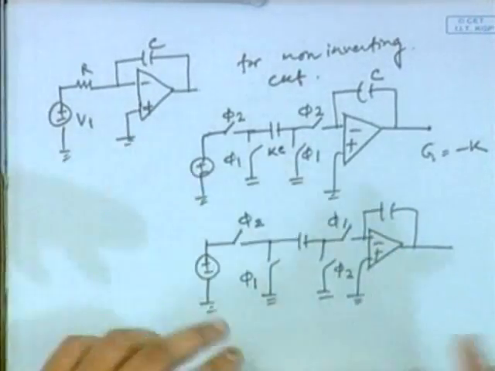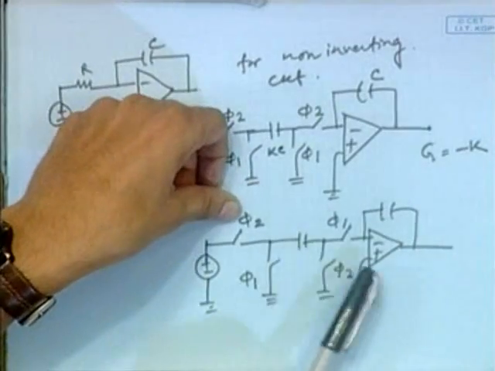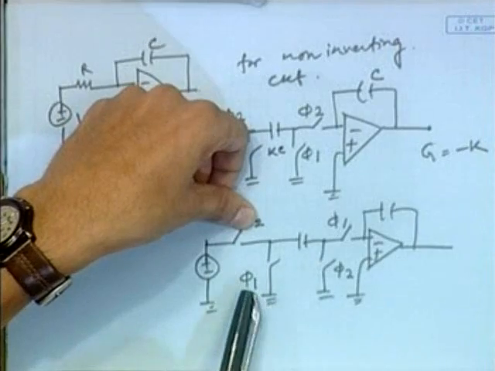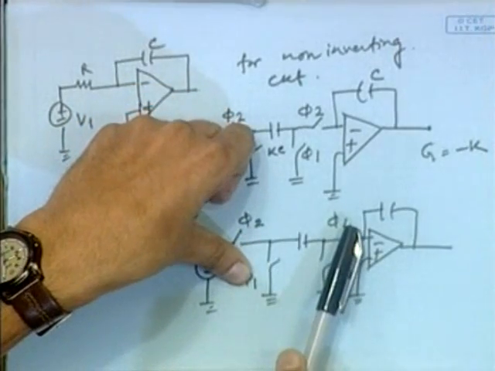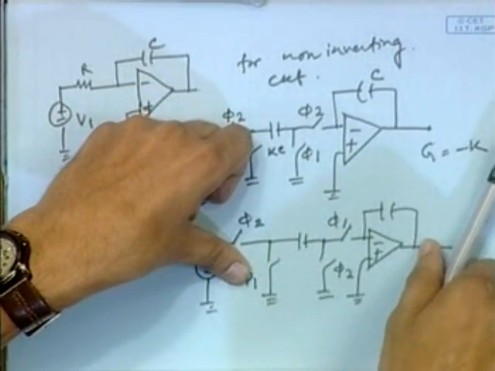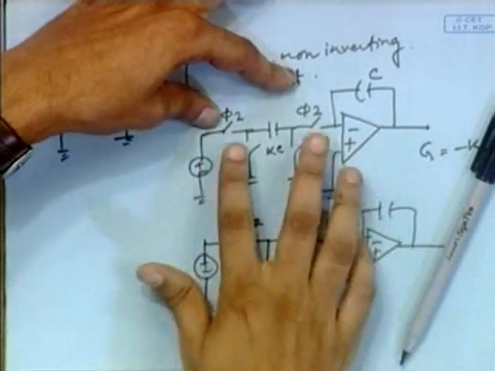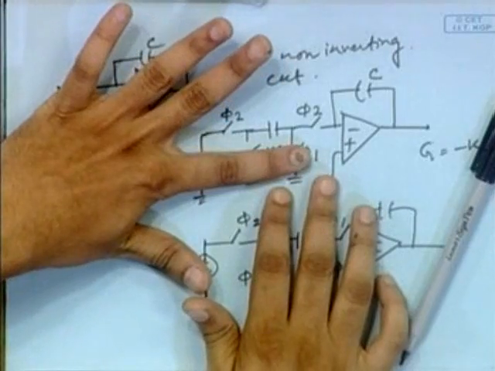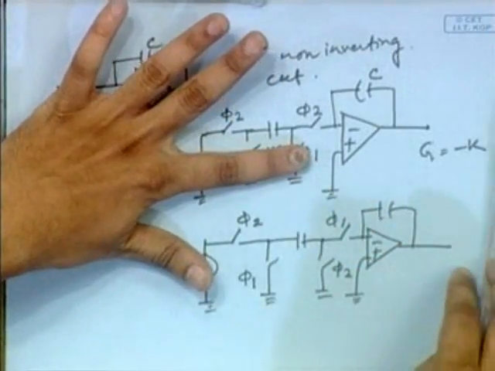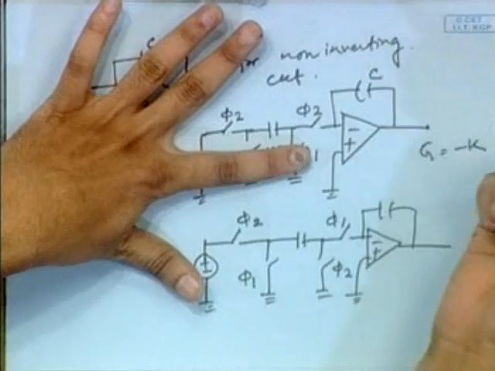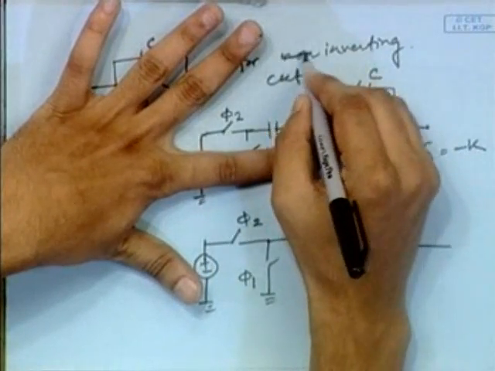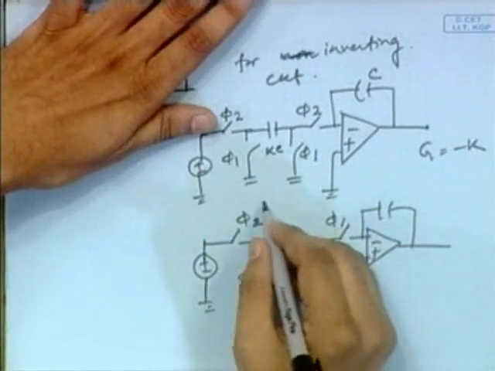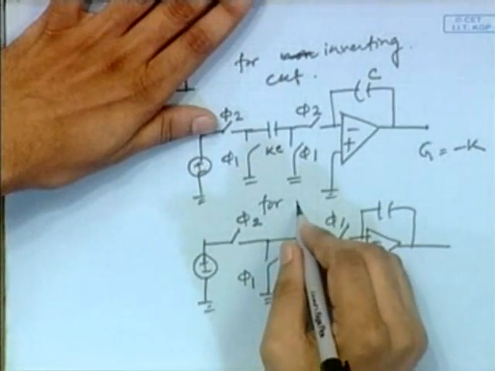Now we can interchange also, that if this is phi 1, then this will be phi 1, and if this is phi 2, this will be phi 2. So for the non-inverting case, the same switches are parallel, and for this, I have written the wrong thing. This is for the inverting. Okay, this is the first one for the inverting, the next one for the non-inverting.